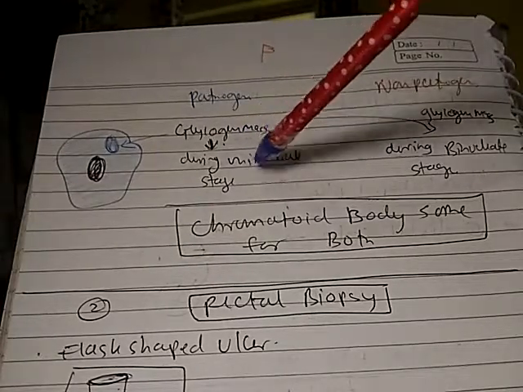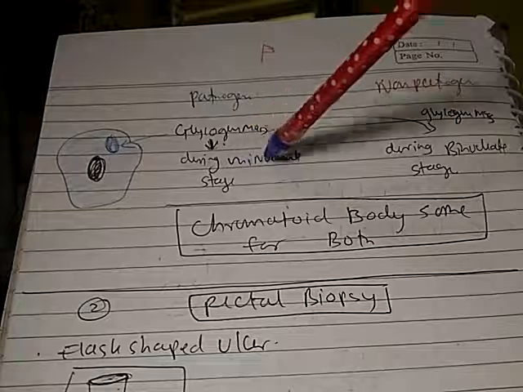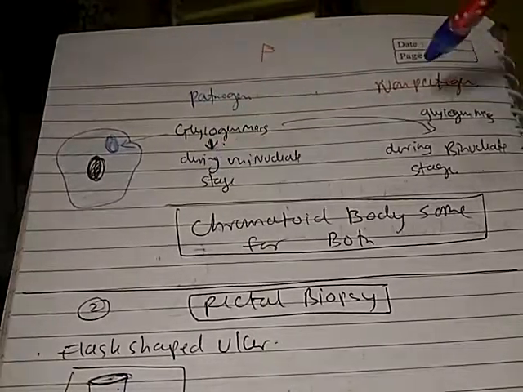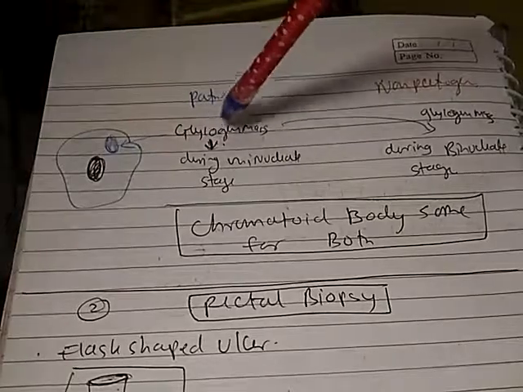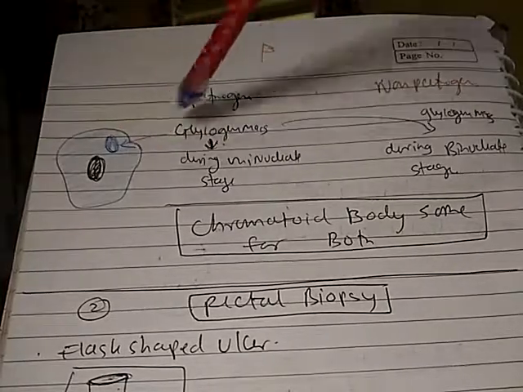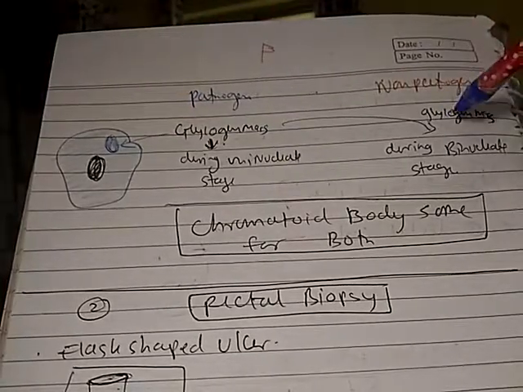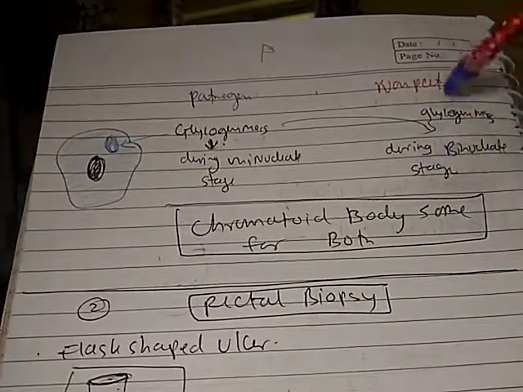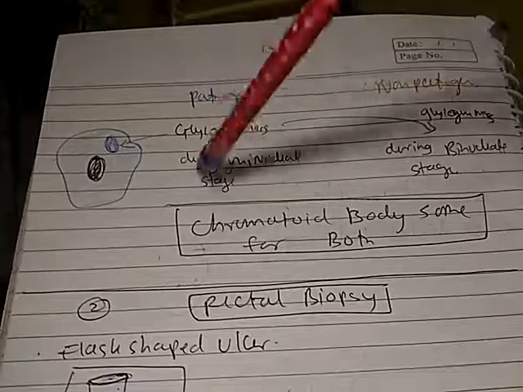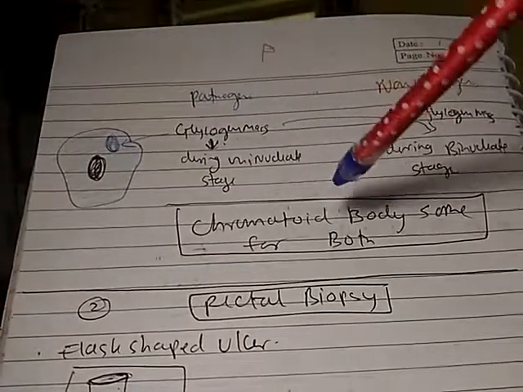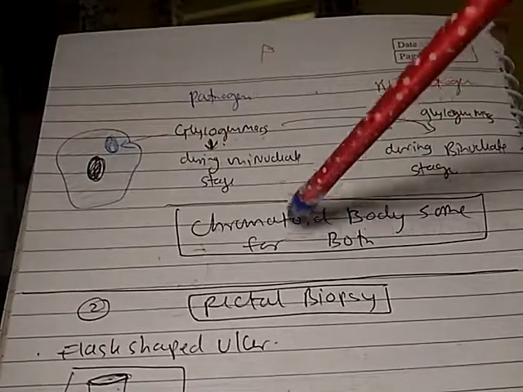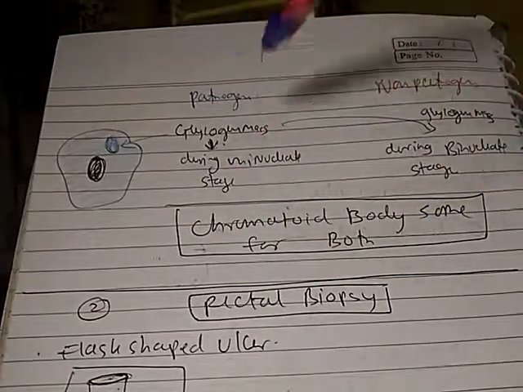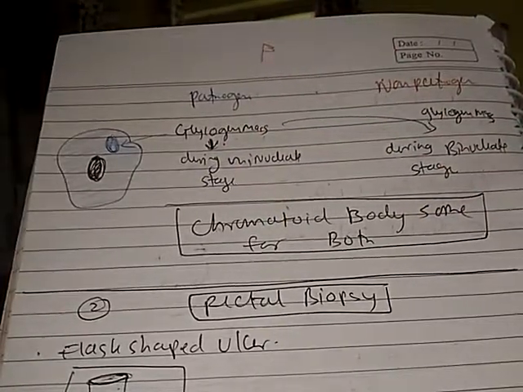Glycogen mass is present during the uninucleate stage of that cyst in pathogenic, but glycogen mass is present during binucleate stage of cyst in non-pathogenic. Then chromatoid body is same in both cysts, pathogenic and non-pathogenic.